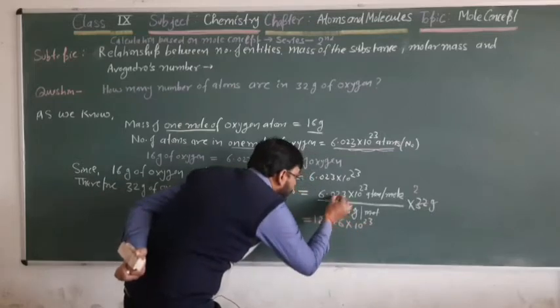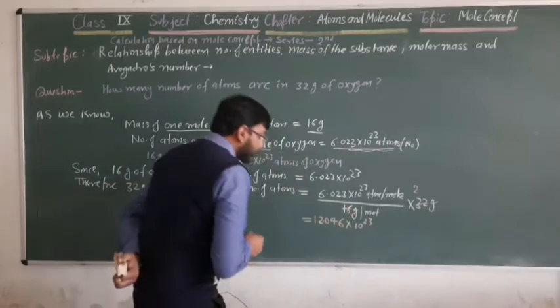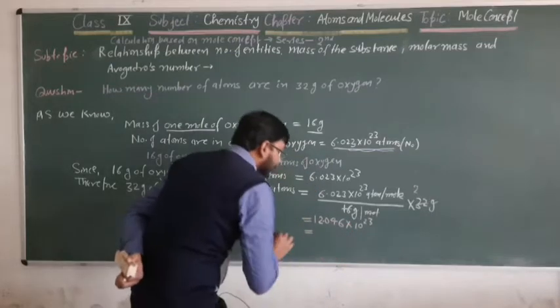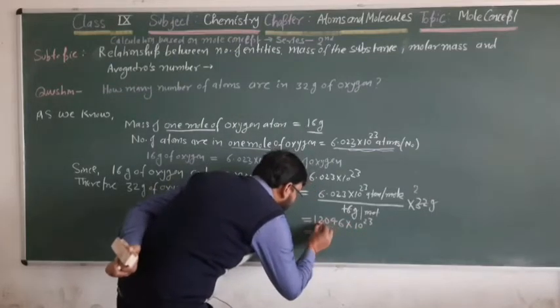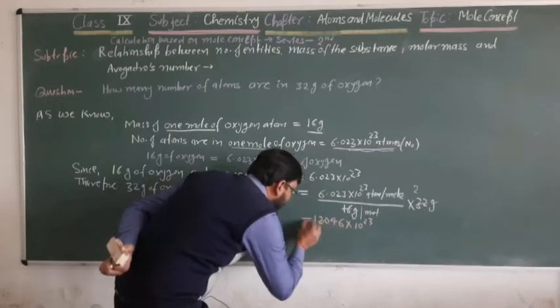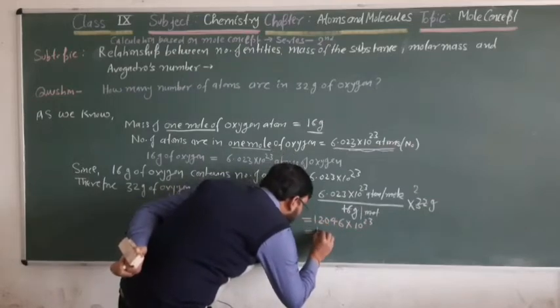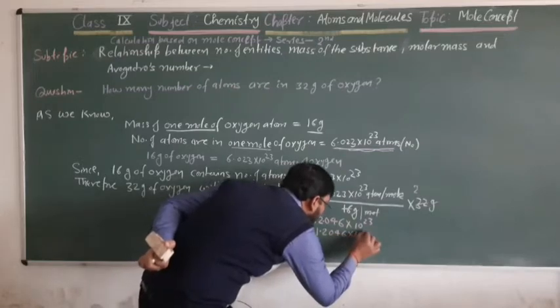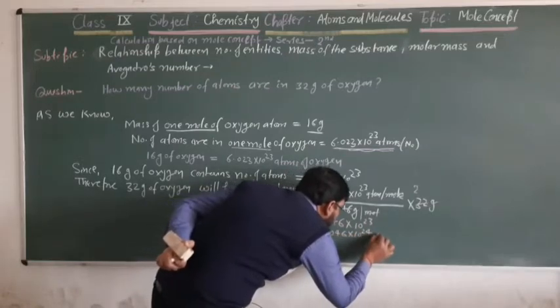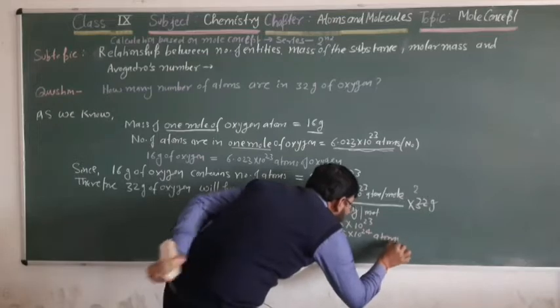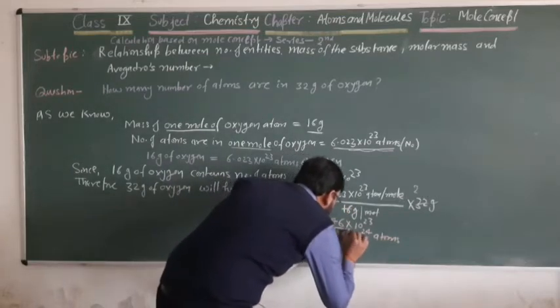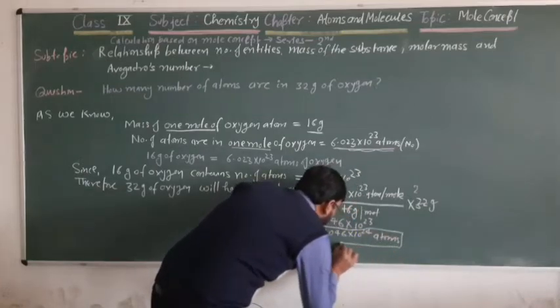We can report it in scientific notation. The decimal will move one place left, so we can write 1.2046 into 10 to the power 24 atoms. So now we got our answer.